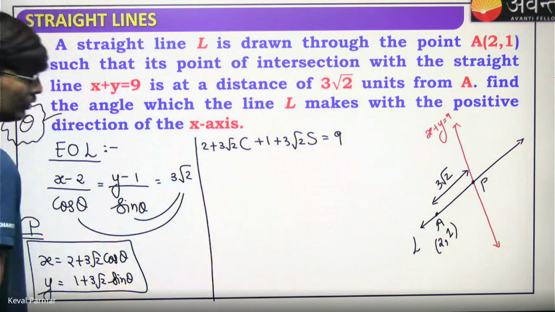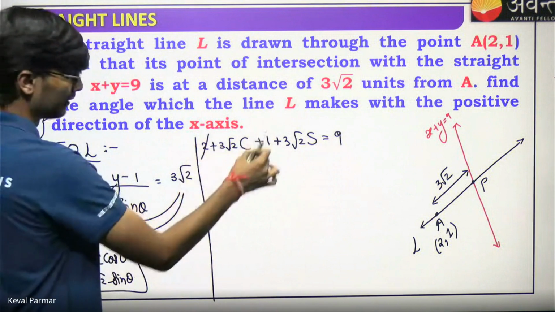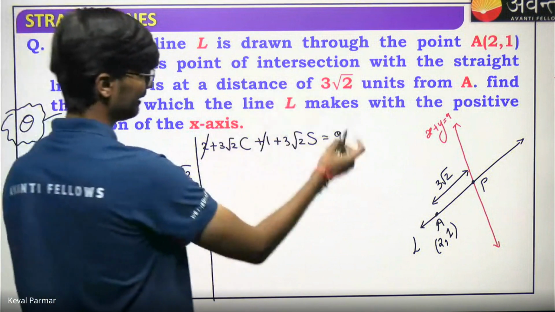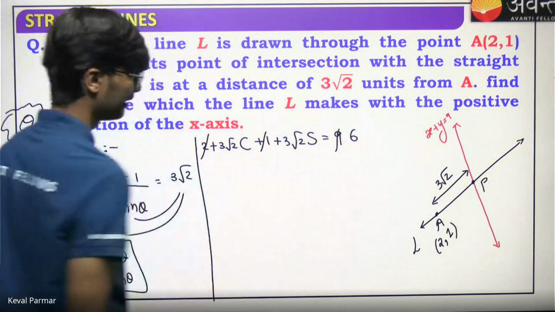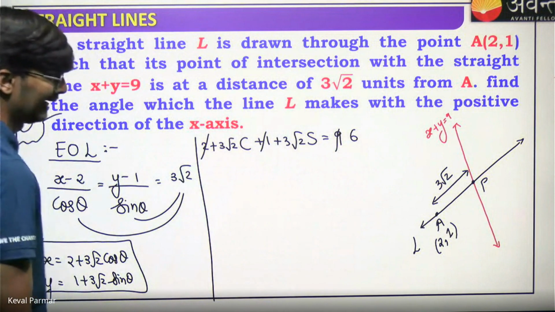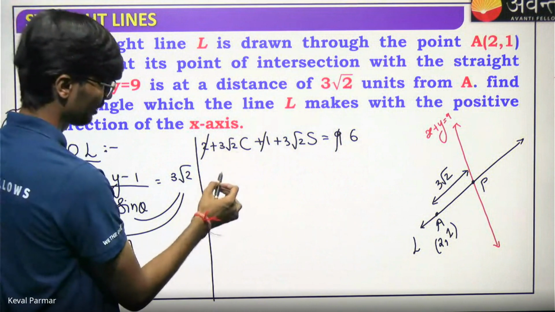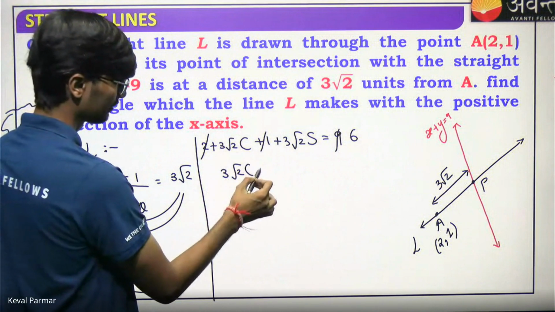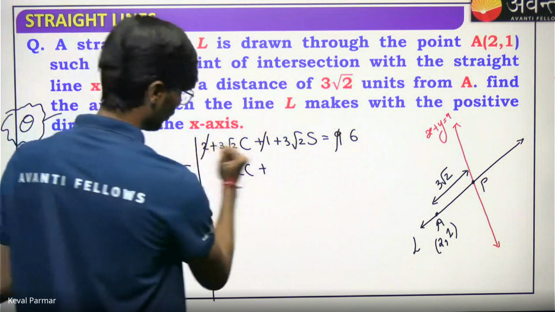So 2 plus 1 will be 3, and when 3 goes to that side, it will become 6. Correct? And I can take 3 root 2 common also.